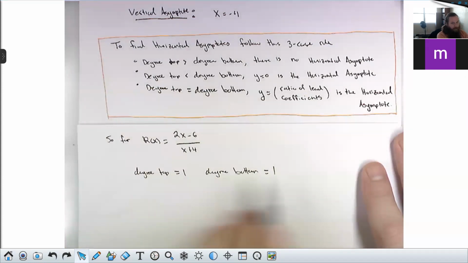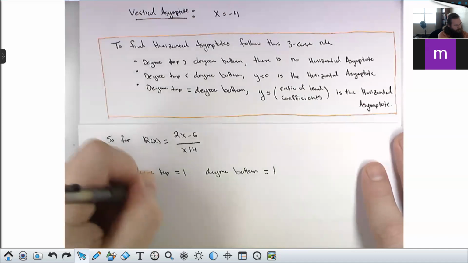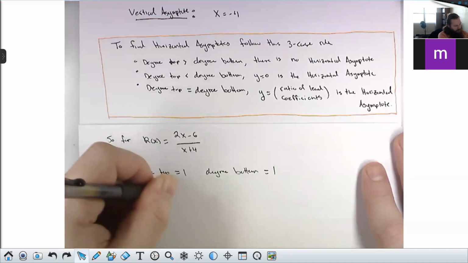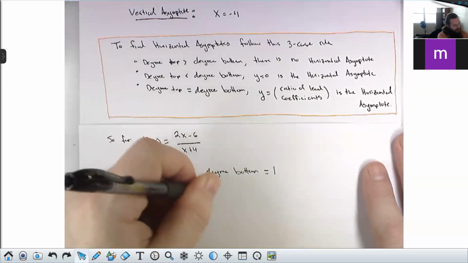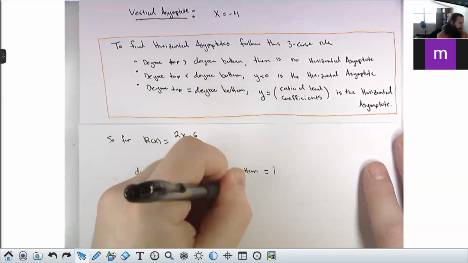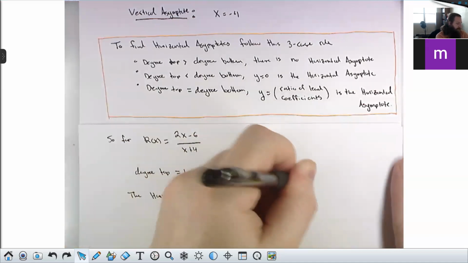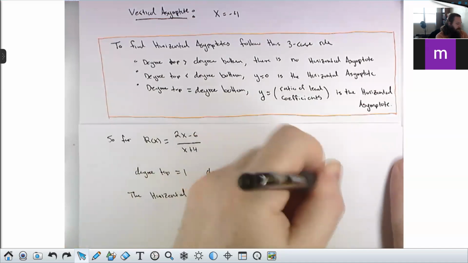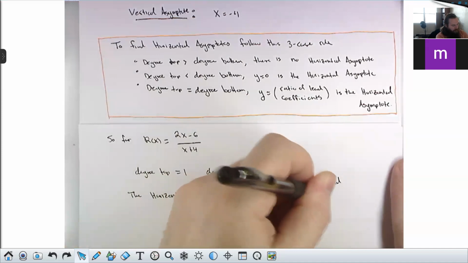So since these match, the horizontal asymptote must be y equals the ratio of lead coefficients.